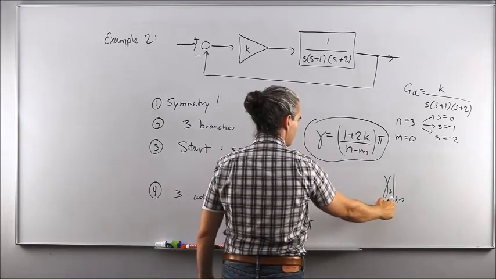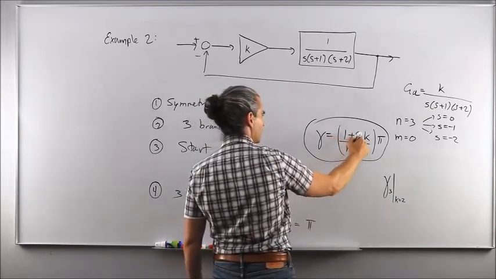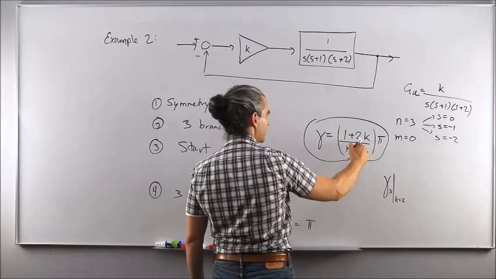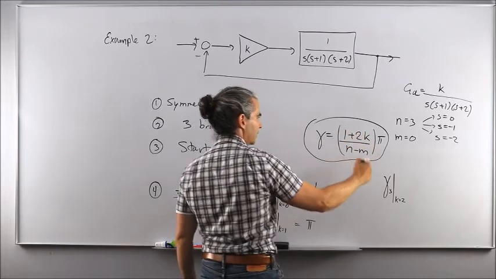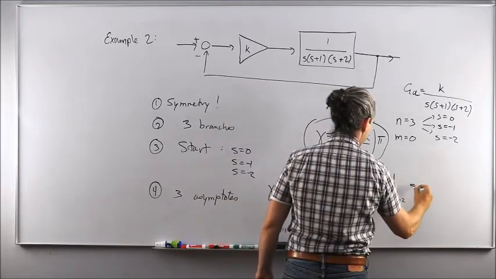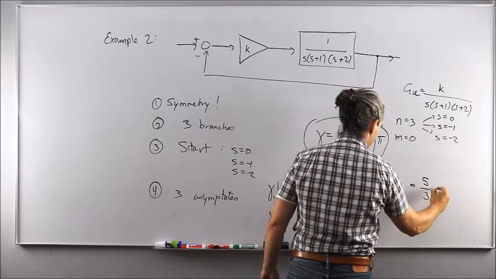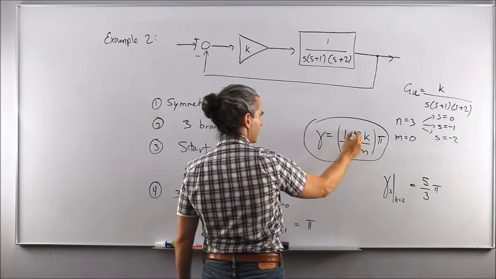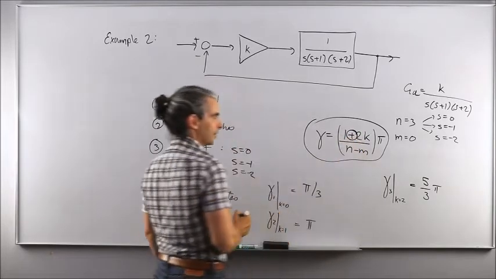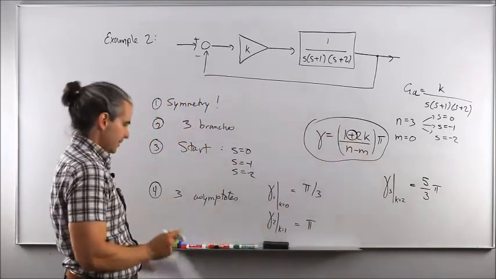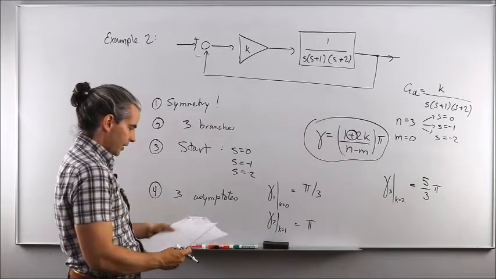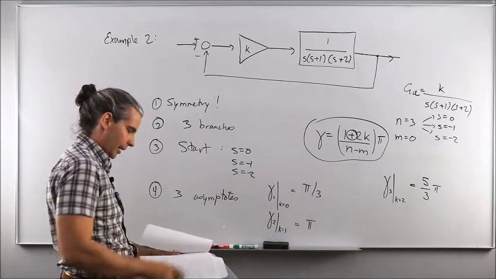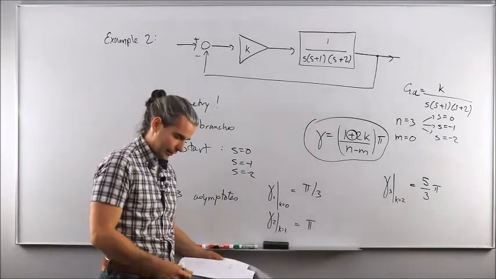And the last one with k equal 2 will give me 1 plus 4 over 3, so 5 over 3 times pi. This is a plus, not a minus, as I had said in the previous example, I believe. So these are the respective orientations of my 3 asymptotes, measured again counterclockwise from the real axis.